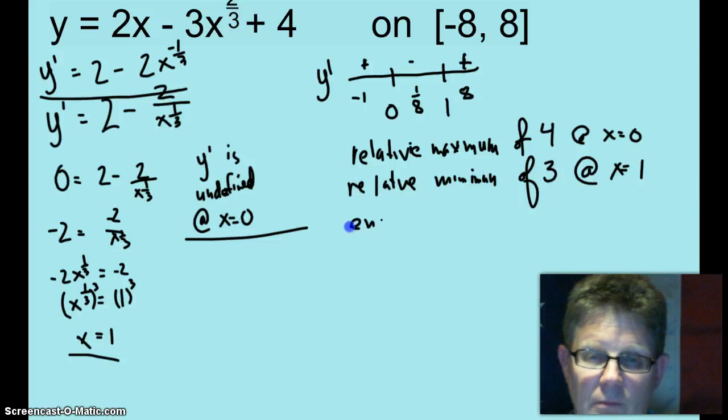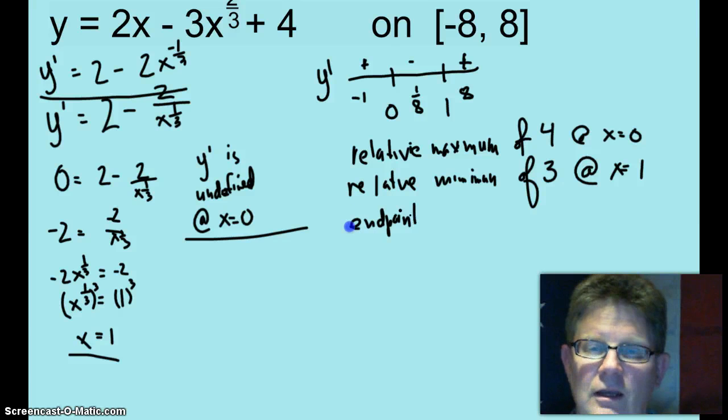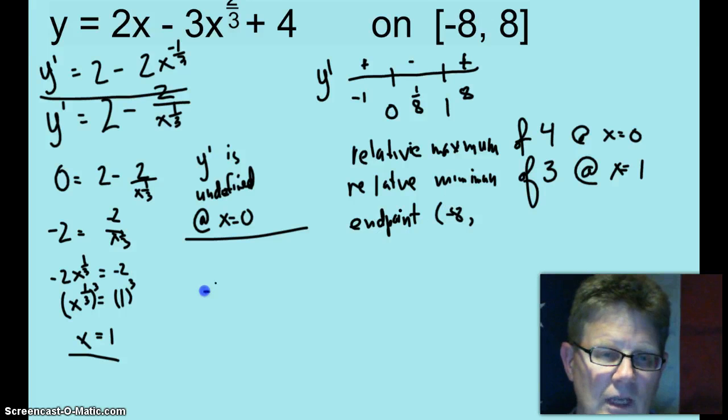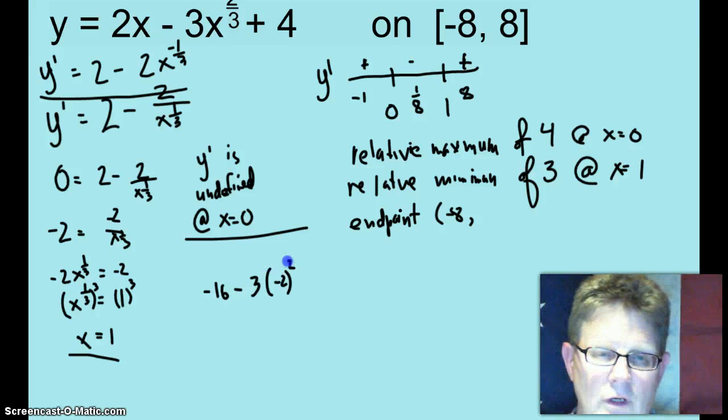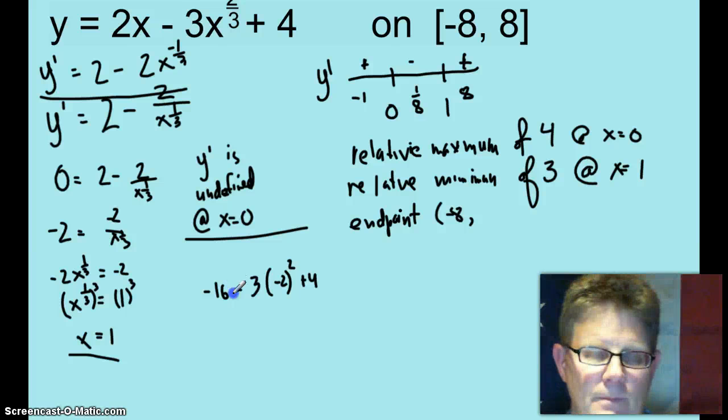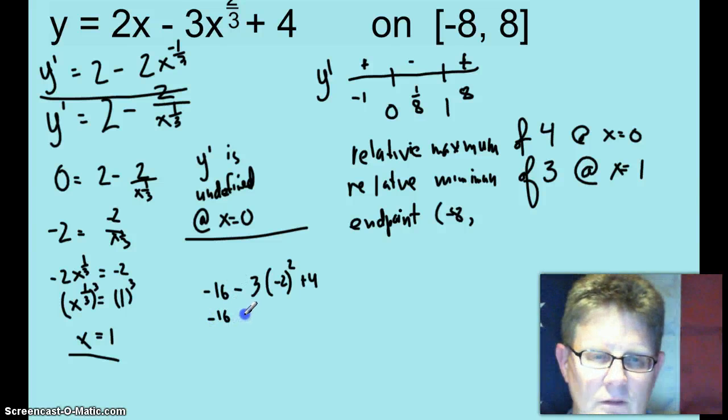Let's evaluate the endpoints. Now you get it why we've got 8s here. So let's see here. Endpoint of -8. Let's find that y value. -16, subtract 3 times -2 squared, plus 4. -16 plus 12 plus 4, 0.